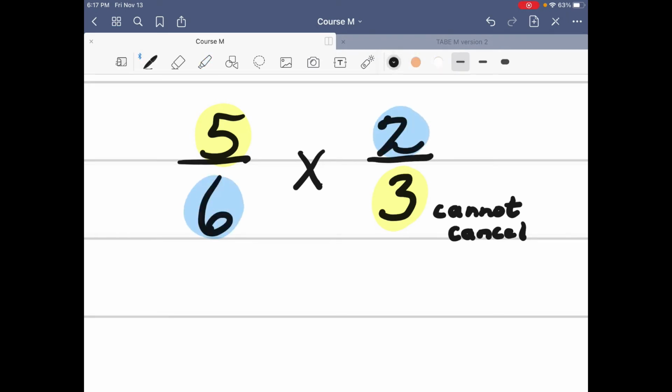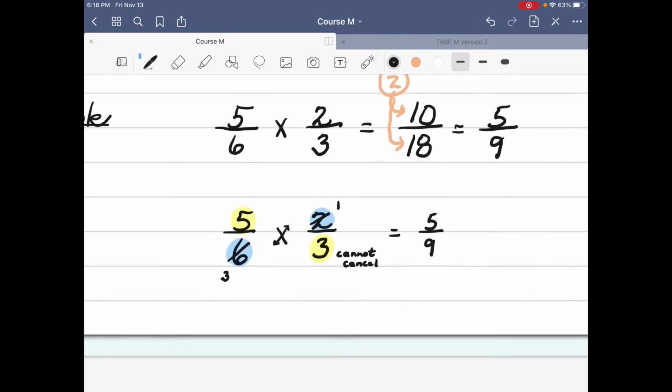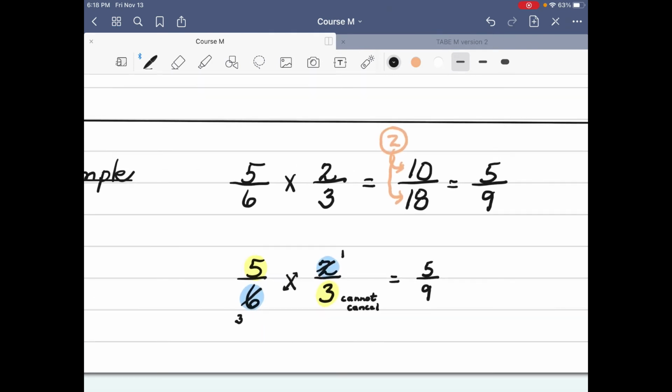That one you can cancel by 2. 2 into 2 is 1 and 2 into 6 is 3. So I can cancel the blue way but not the yellow way. And that's okay. If you can cancel this way, that's fine. But you may not be able to do both ways. But do what you can, and then top times top and bottom times bottom. And you get 5/9 either way you go.